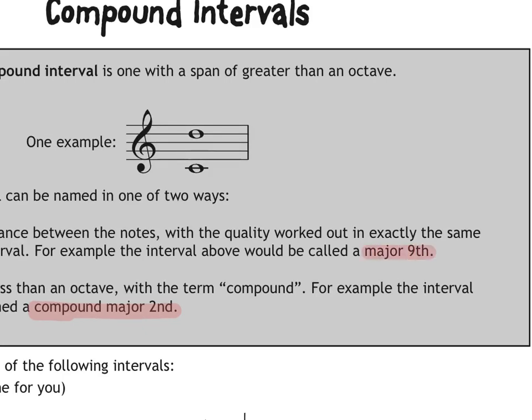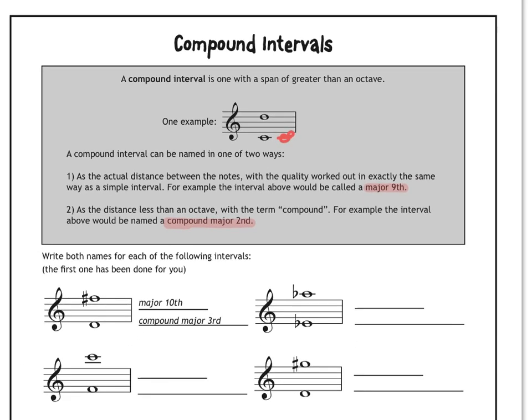The way you figure out what the interval is, you look at the simple version of the interval, in this case the major second, and you always add 7. A major second plus 7 is a major ninth. A perfect fifth plus 7 would be a perfect 12th, etc. You always add 7. Either way, they're both correct.